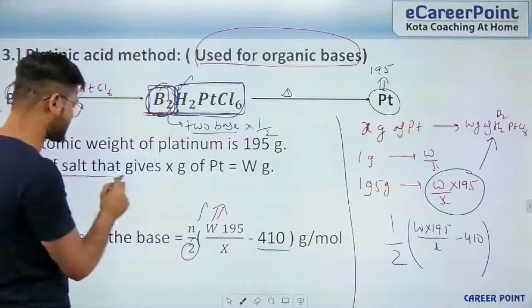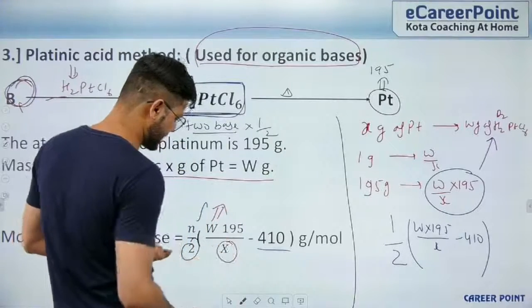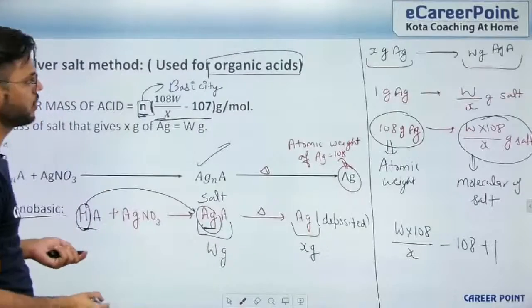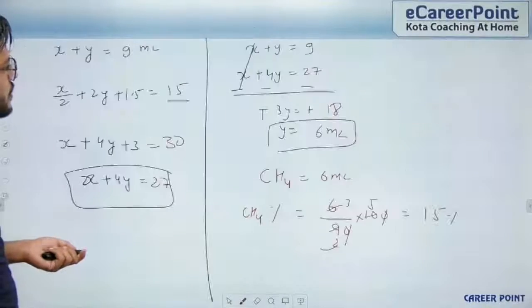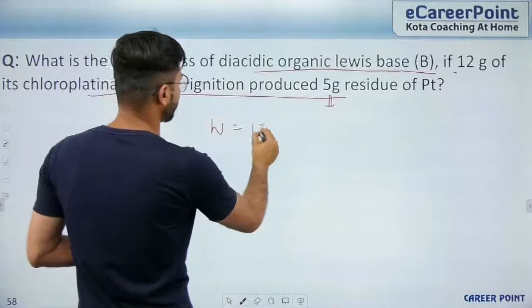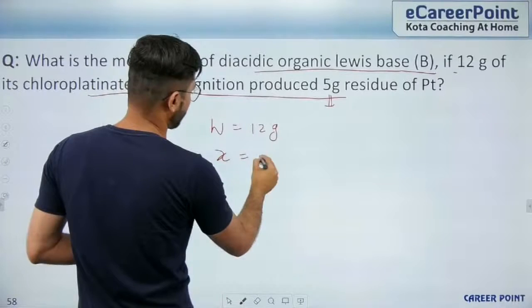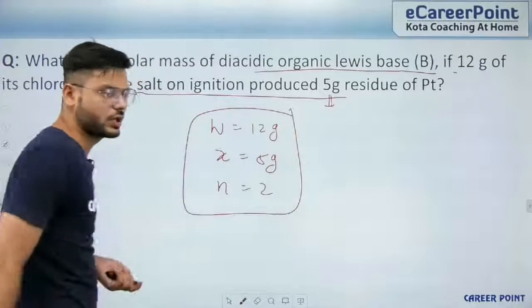W is the mass of salt that gives X gram of platinum. So X is given, W is given. What is the W in this case? So W is 12 gram and X is 5 gram and N is 2. Just put these values, you will get the answer.